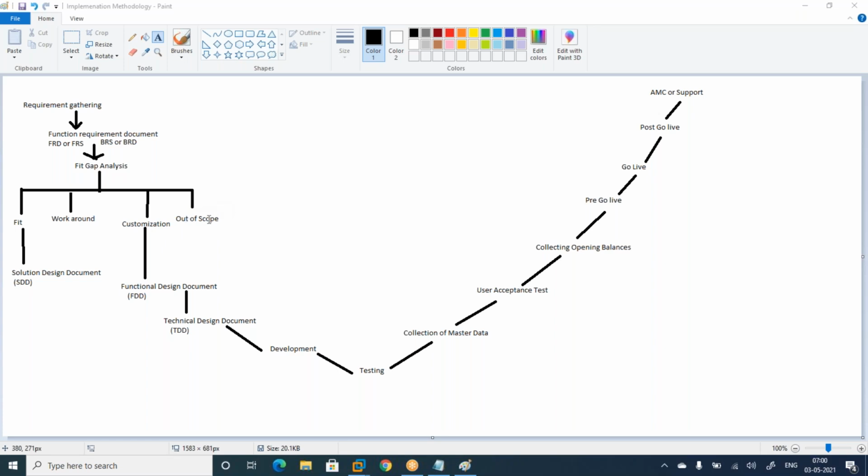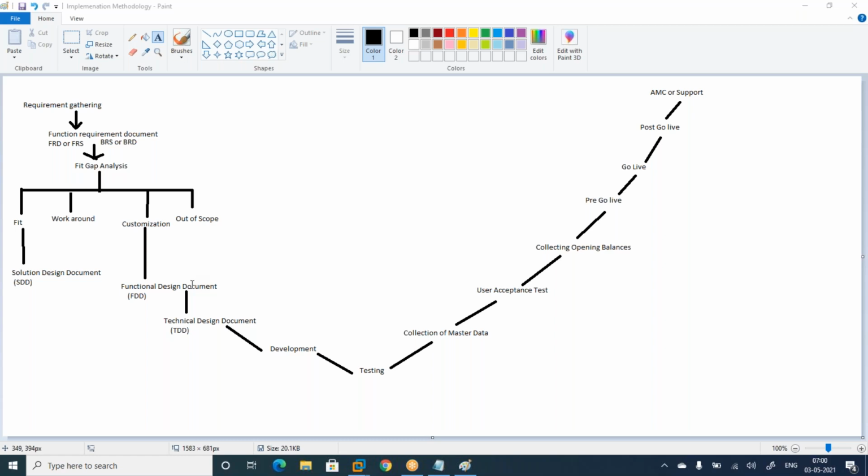I mean to say we are not going to do anything. We are clearly marking it out of scope, we are not implementing these functions. So they will do it in an Excel file or something, whatever they want. And once the Excel calculations are done, they will feed directly in one form or something.